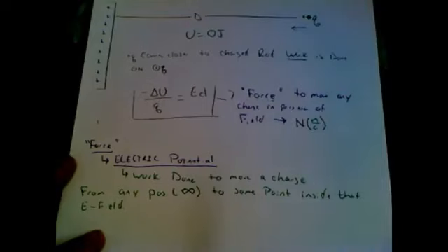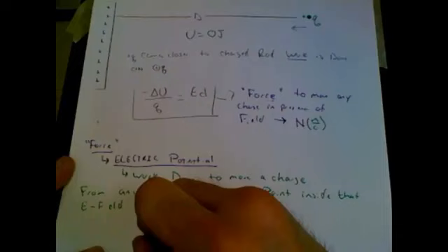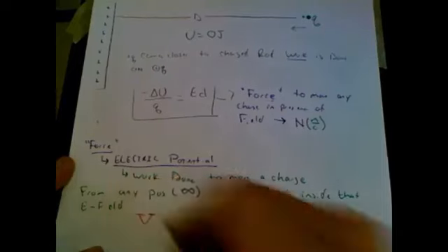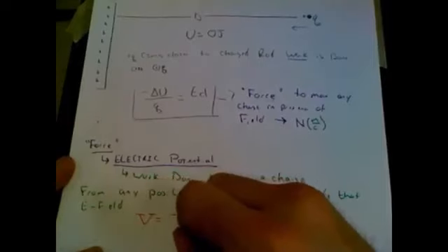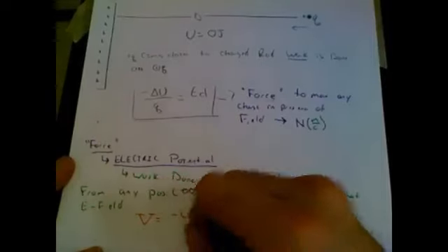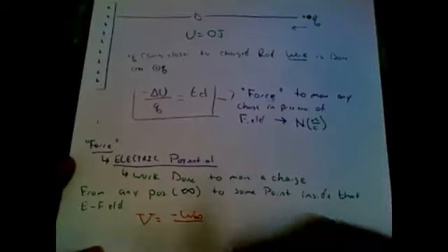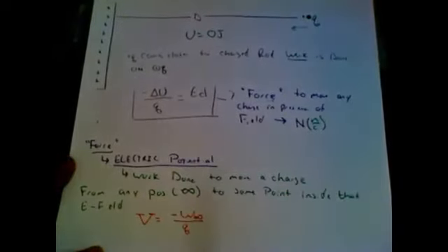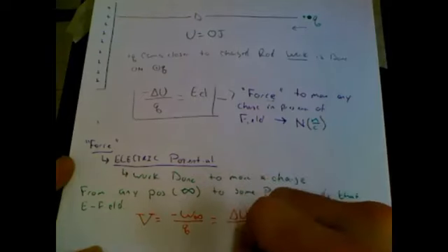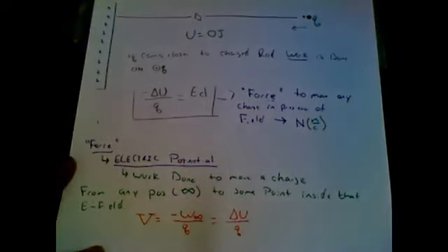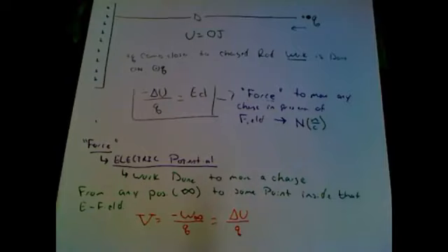So my electric potential, by definition, which is given to us by a capital V, is the negative work moving something from infinity all the way, divided by its charge, which essentially is my change in potential energy divided by charge. Now we need to know that electric potential is a scalar quantity.